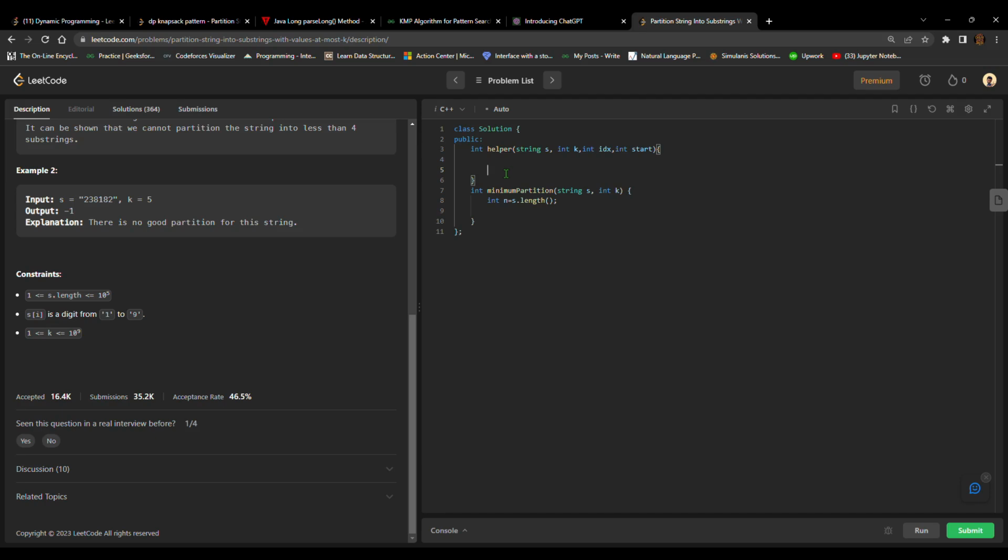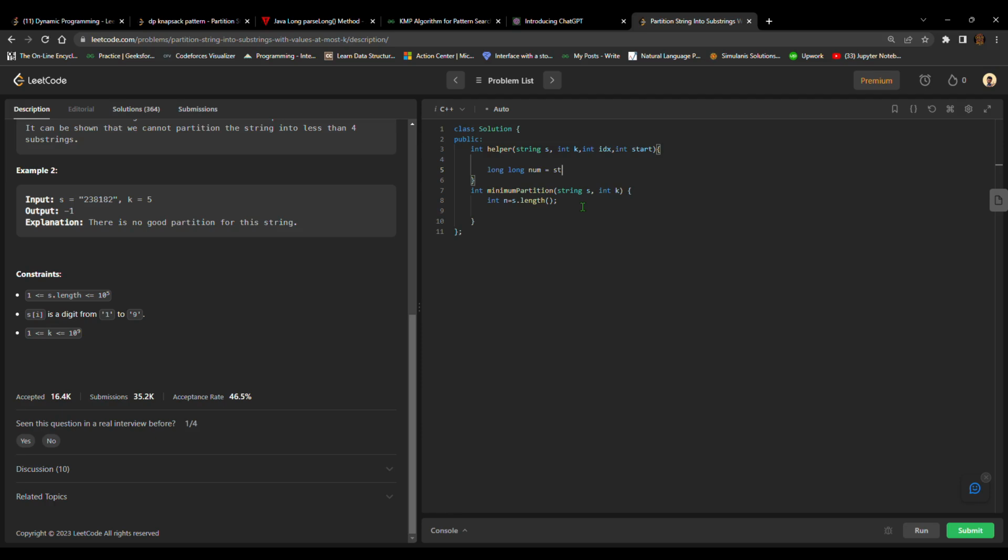So what I would really do is take a long num, because my number would range up to 10 to the 5. For safety I would take a long, and I would say s. There is a function in C++ that converts string to integer, stoi.